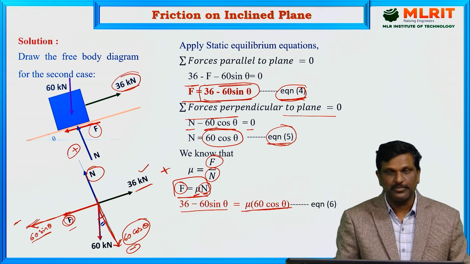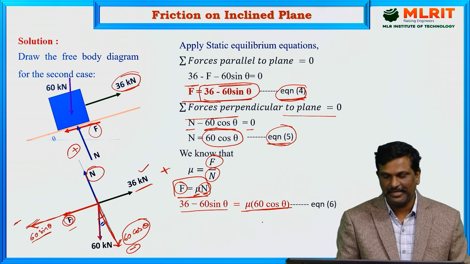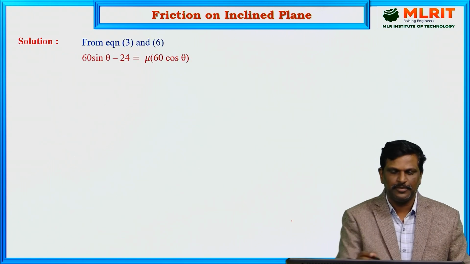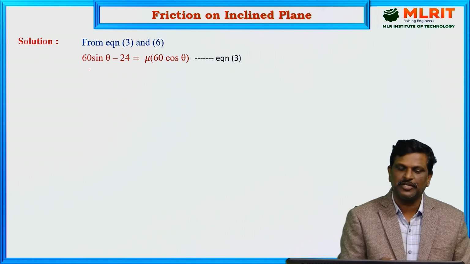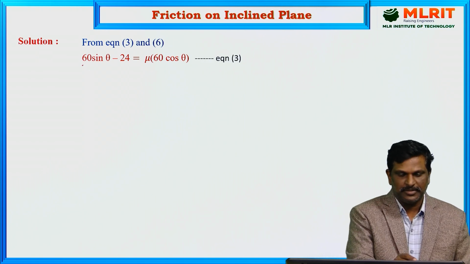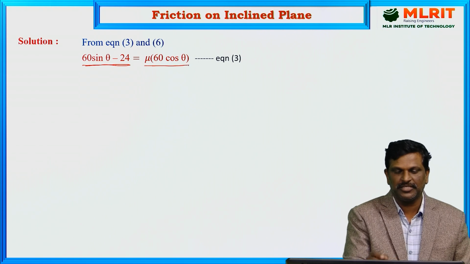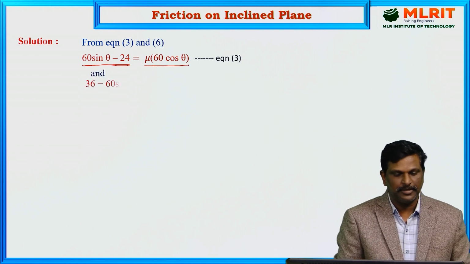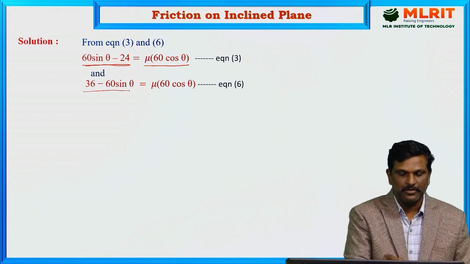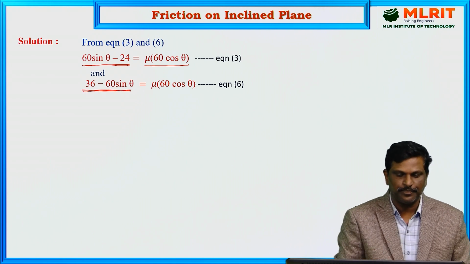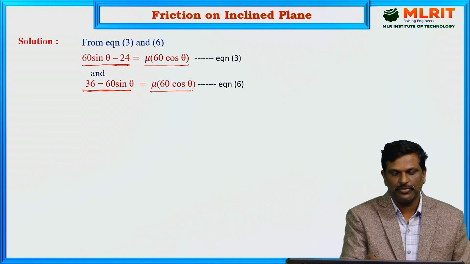If we observe equation number 3 and equation number 6 carefully, see, this is equation number 3. 60 sin theta minus 24 is equal to mu into 60 cos theta. And equation number 6 is given like this. 36 minus 60 sin theta is equal to mu into 60 cos theta.